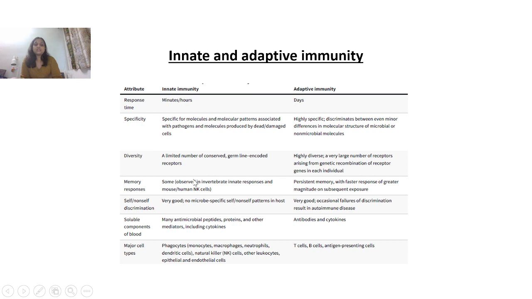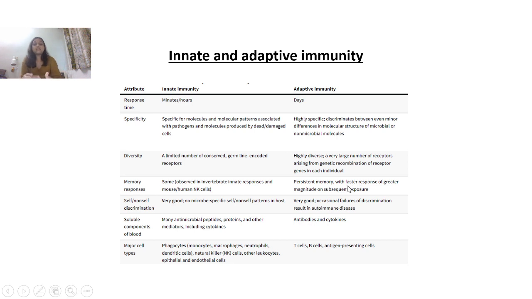The memory response is not there in our innate immune system, except in some invertebrates and human NK cells. Adaptive immunity has persistent memory, with a faster response of greater magnitude on subsequent exposure.